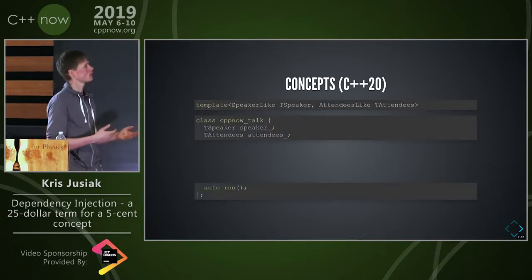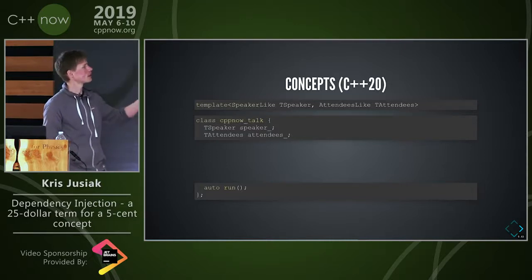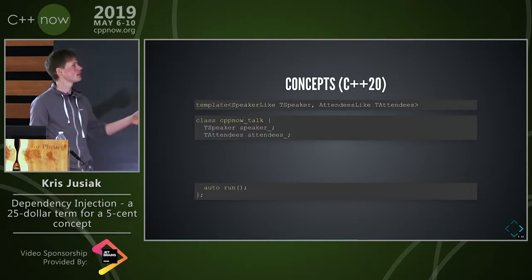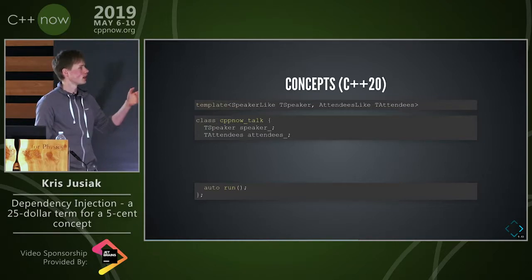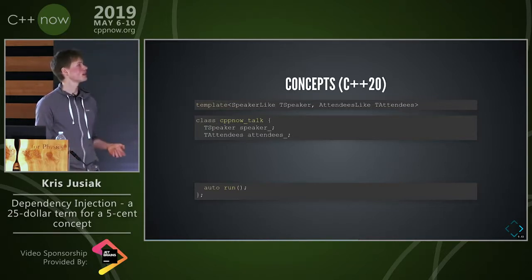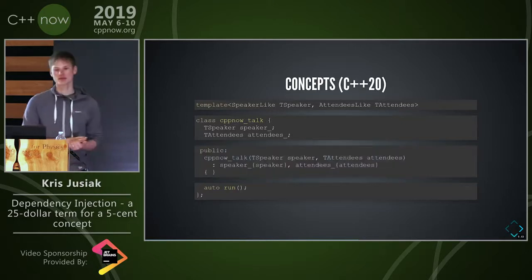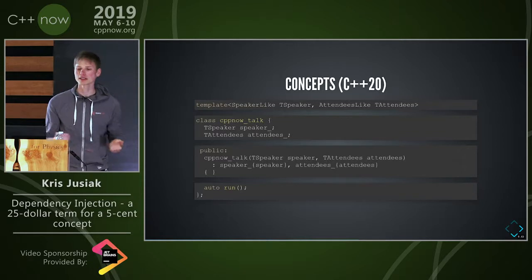So how will that be related to DI? When you have the talk, we still have the speaker and attendees being templates, which have to be constrained by the speaker and attendee-like kind of things. And after that, we pass them through constructors. Nothing new, right?